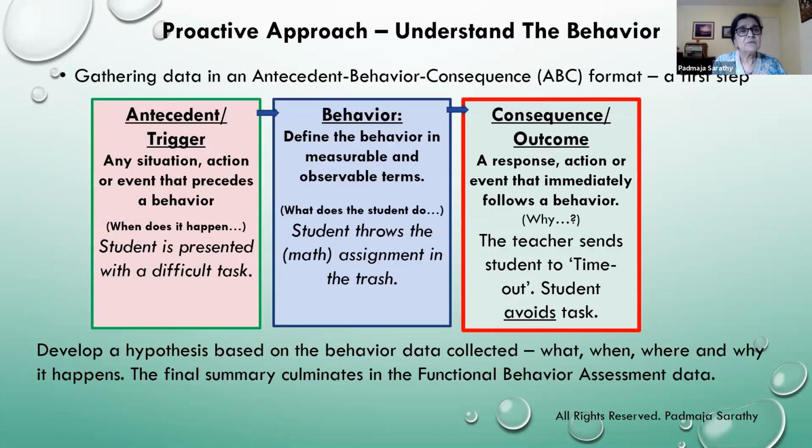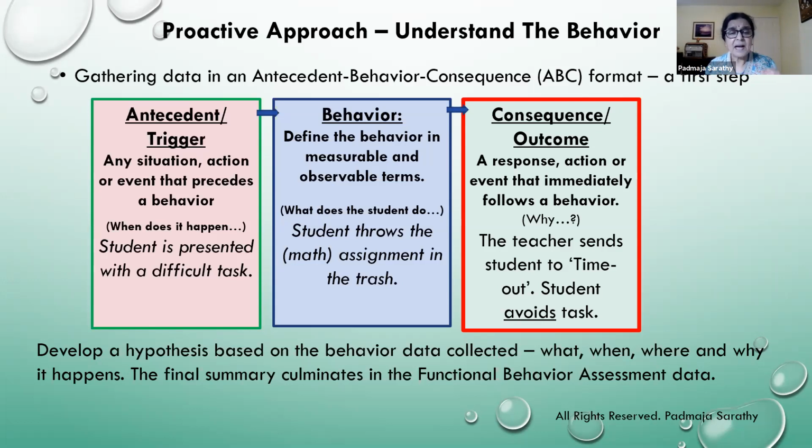So first and foremost, of course, we have to understand where the behavior comes from. We have to begin with defining the behavior in measurable and observable terms. Precisely, we have to define that behavior. That's our first step, because that is when we can decide on what kind of consequence the child will get.